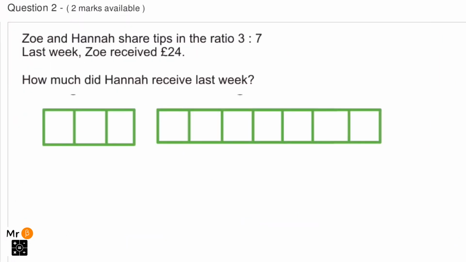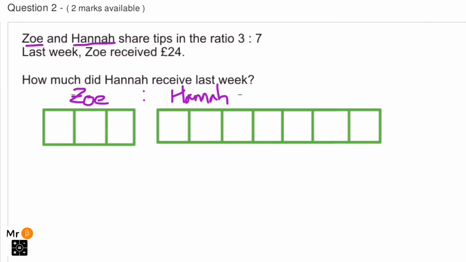It's told you Zoe and Hannah share tips in the ratio 3 to 7. Last week, Zoe received 24. So again, I've started this question by drawing 3 boxes to 7 boxes. We know that it's in the ratio Zoe to Hannah because it's the same order as the names in which are mentioned.